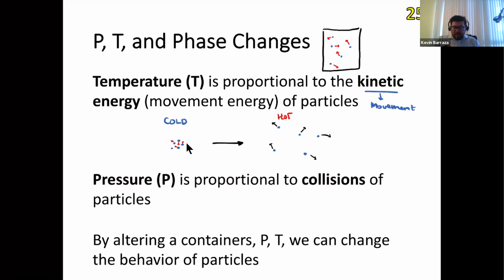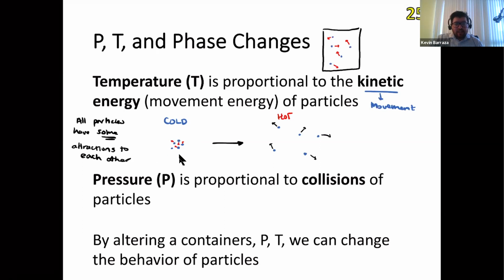And in fact, one thing that we emphasize is that all particles have some attractions to each other, depending on the particles. So when we make a substance cold, the particles move slower, and if they're very sticky or attracted to each other, they might cling to one another.